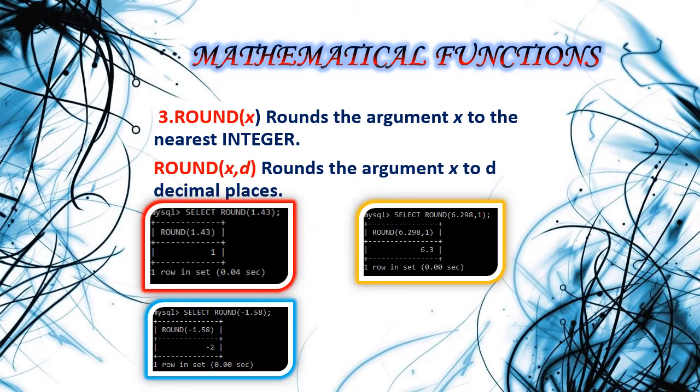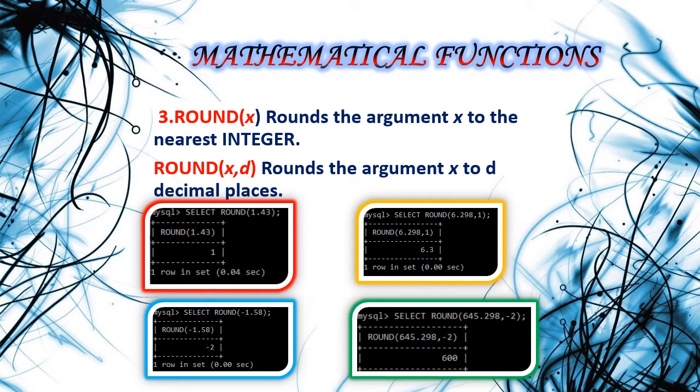And next, ROUND of the negative value -1.58 is given. Here the digit next to the point is 5, so we increase the 1 by 1, so -1 becomes -2, the answer is -2. And next, 645.298 comma -2 is given. Minus 2 means we completely skip the fraction part and only concentrate on the whole number part, 645.